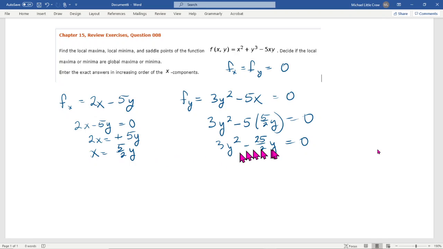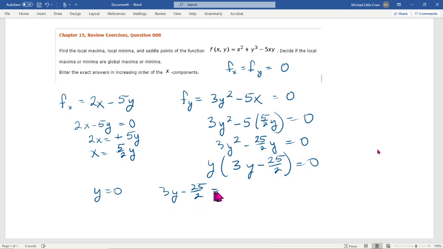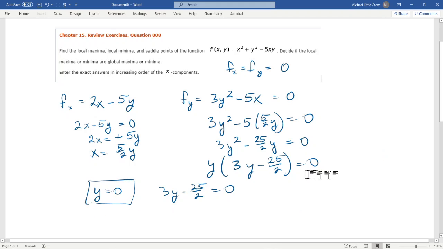So we factor out the y, leaving us with y times 3y minus 25 halves equals 0. So this gives us two answers. Either y equals 0 or 3y minus 25 halves equals 0. So this one we're done. We got one solution. We'll plug back into x. And actually, if you plug it back here, you see if y is 0, then x is 0.